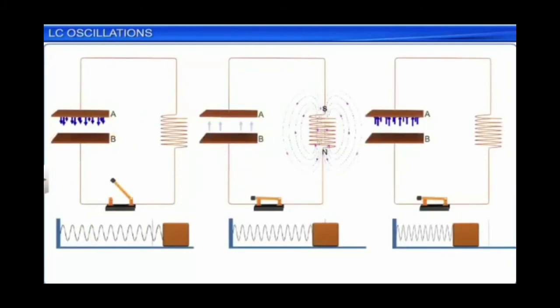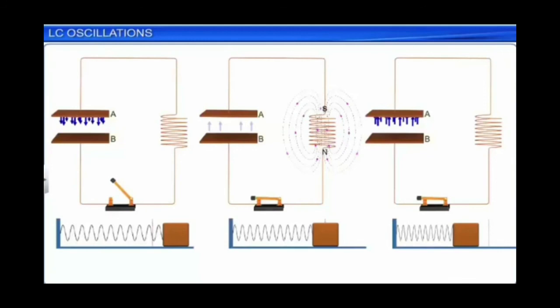So there is transformation of energy between potential and kinetic as the mass moves between the extreme positions through the equilibrium position. In the same way, the energy undergoes transformations between the capacitor and the inductor in the form of electrostatic potential energy and magnetic potential energy.